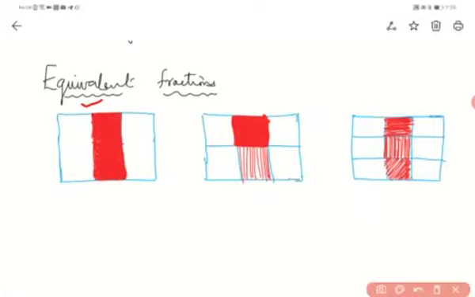First region is 1, 2 and 3. So I will take the denominator as 3. But the used region is what? Only the shaded one, which is the second one. So one region is used, so I will take this as 1. So this will be represented as the fraction 1 by 3.